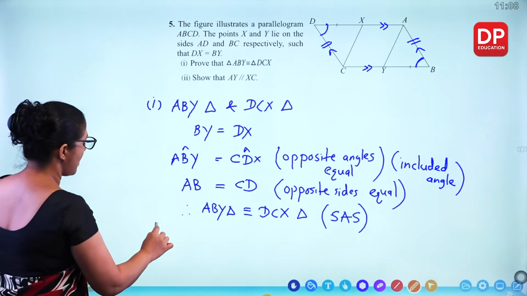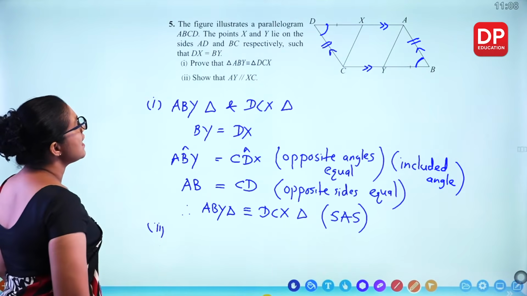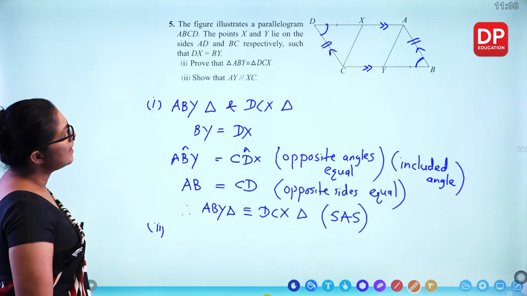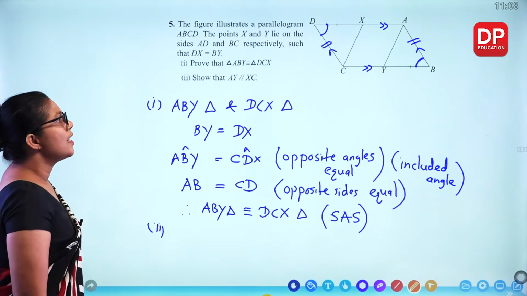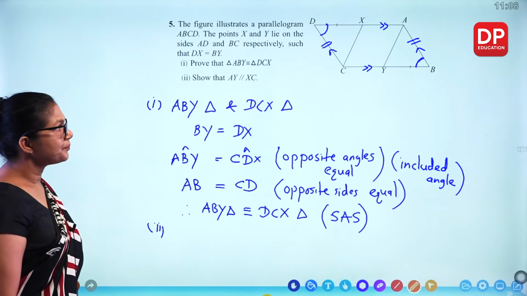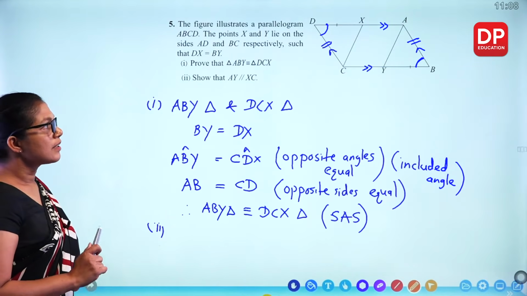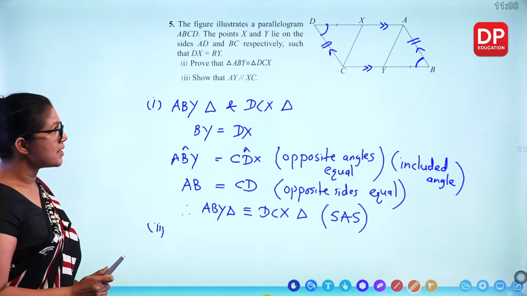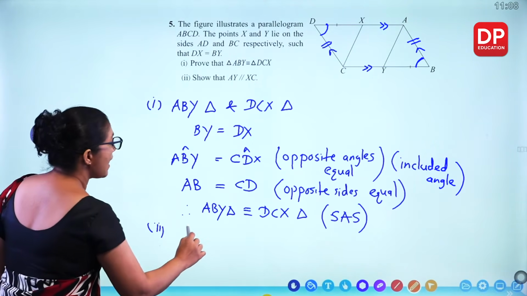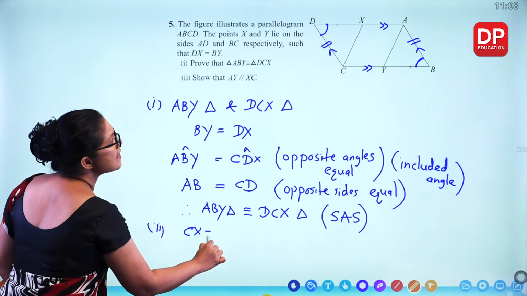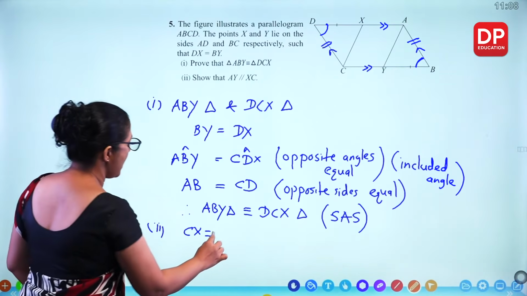And the second part, it says show that AY and XC parallel. Now we found out the two triangles are congruent. So the corresponding elements are equal. I can write CX is equal to AY.